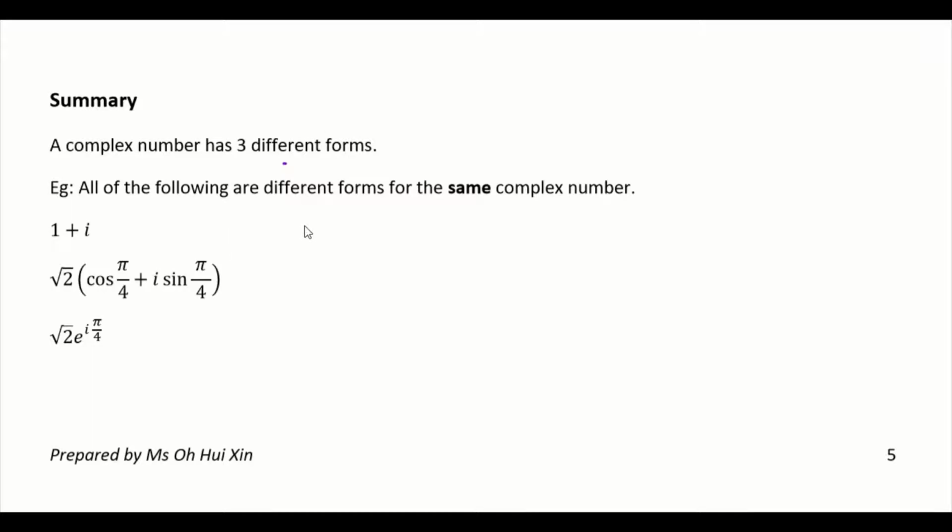The first one is the one where you can see the real part plus the imaginary part, so this is the real and imaginary form. The second one, where you can see cos and sine, is the modulus argument form. The third one, where you can see the exponential, is the one we mentioned just now, called the exponential form.